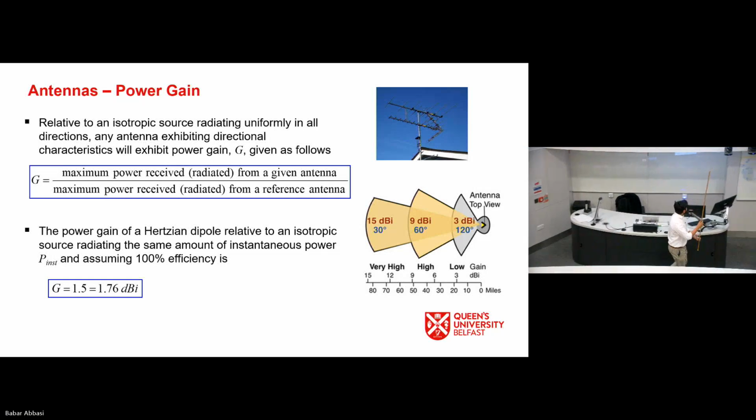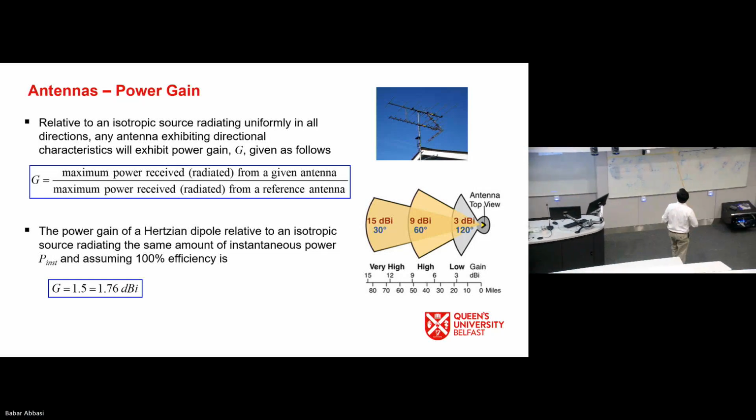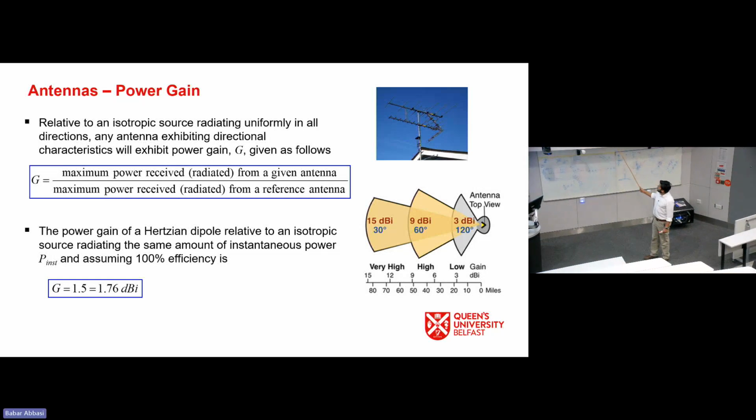If we want to provide coverage till 20 miles, the gain of an antenna is okay to be 3. It's a low gain antenna. It's providing less distance, but it is providing more coverage area. So 120 degrees. An example of this antenna is a base station antenna. It has 120-degree sector coverage, but the antenna is good enough to only throw energy till 20 miles.